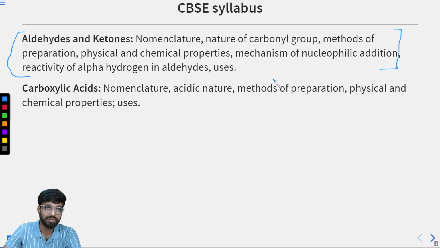Now we have also seen that if there was absence of alpha hydrogen, then that would result in the Cannizzaro reaction, which is the disproportionation reaction. But one condition has to be changed there: first of all no alpha hydrogen, and second that the base we are taking must be a concentrated one.